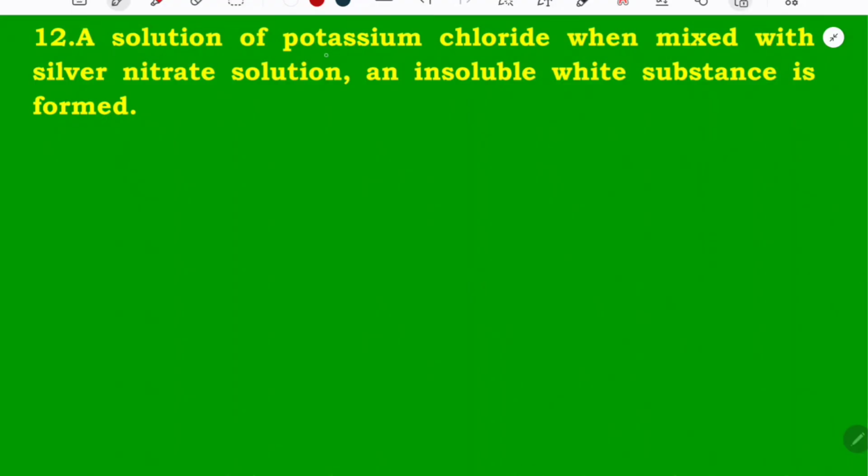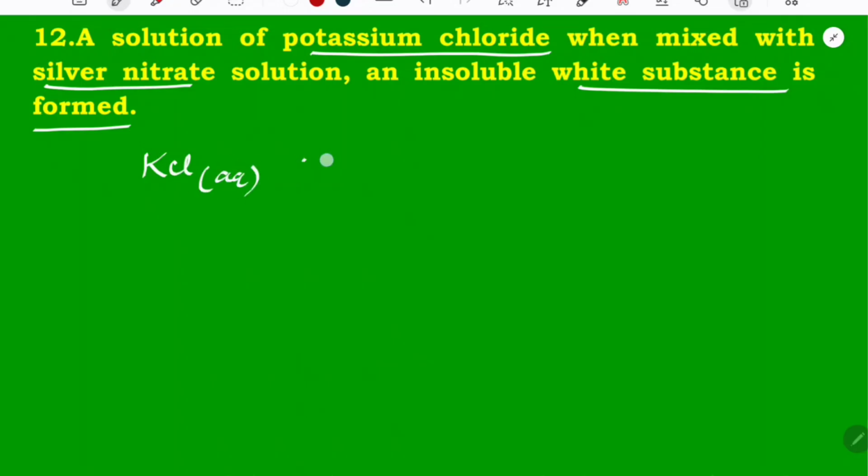A solution of potassium chloride, when mixed with silver nitrate, forms an insoluble white substance. So what is that insoluble white substance? Potassium chloride means what? KCl. They said solution, so aqueous.